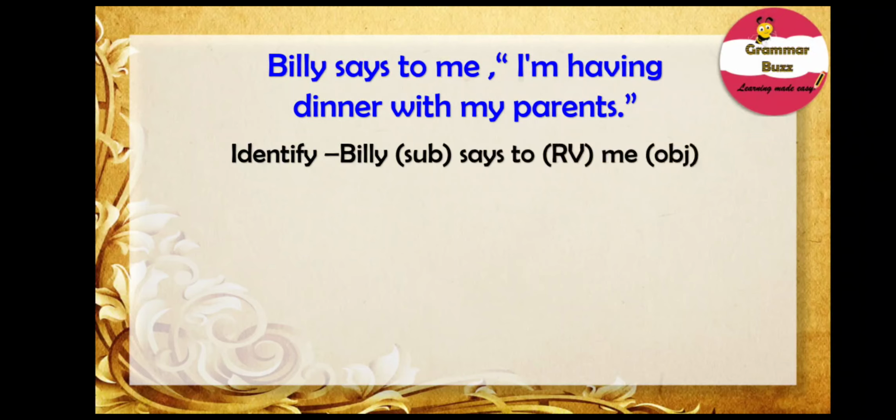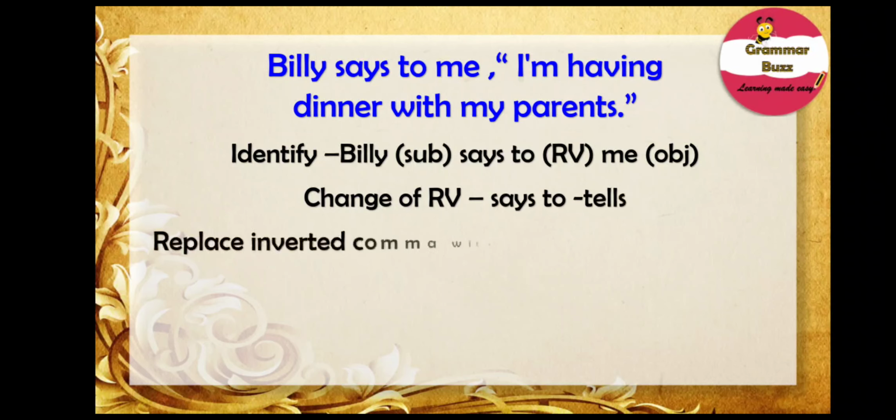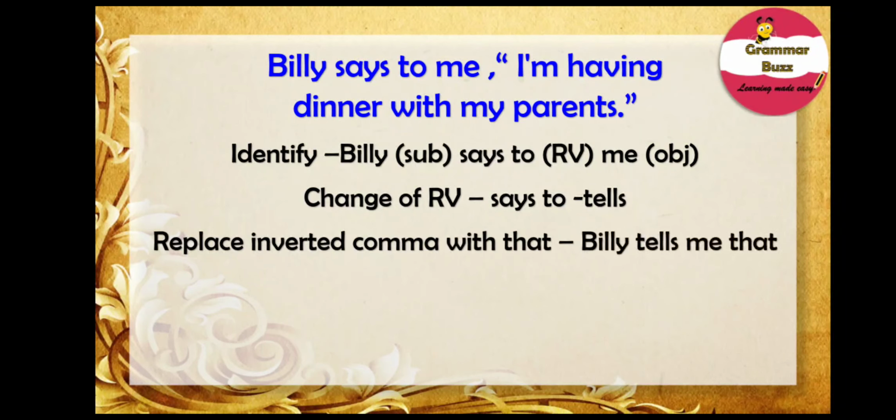So here Billy is the subject, says to is the reporting verb, me is the object. The second step is change of reporting verb. Says to is converted to tells. The third step is replacing inverted comma with that, and we have Billy tells me that.